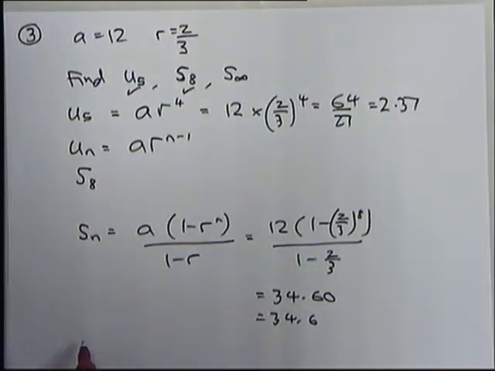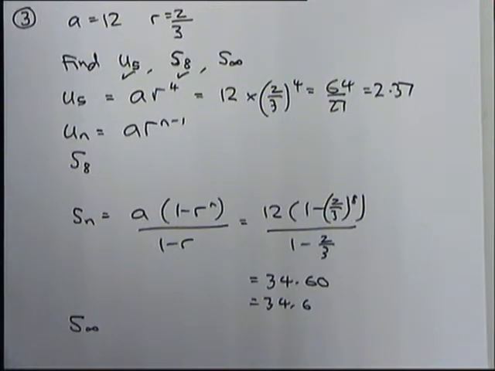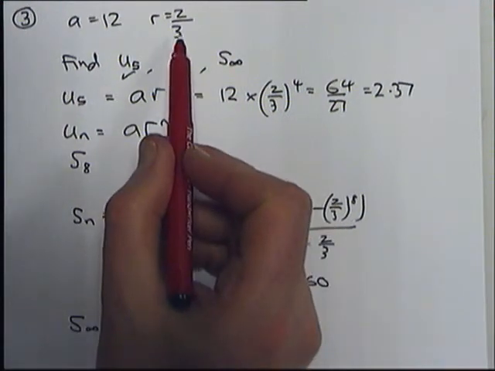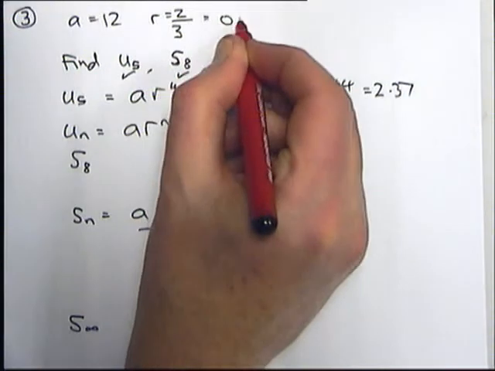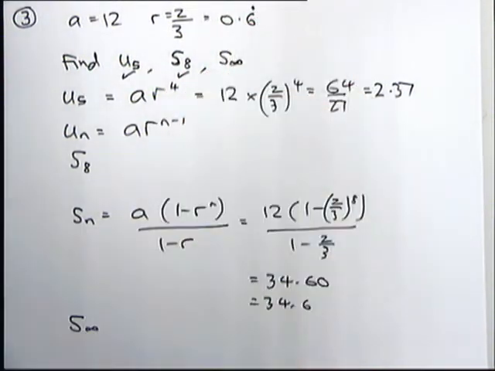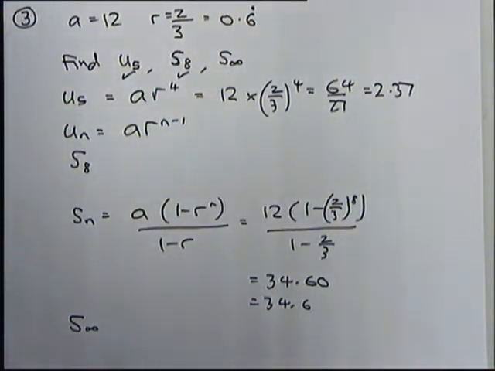Next part of the question was the sum to infinity. And I can only do the sum to infinity because my common ratio is a 0 point something number. It's 0.6 recurring. I can only do the sum to infinity if the common ratio is between minus and plus 1, so 0 point something.